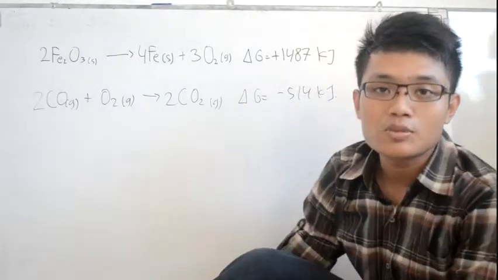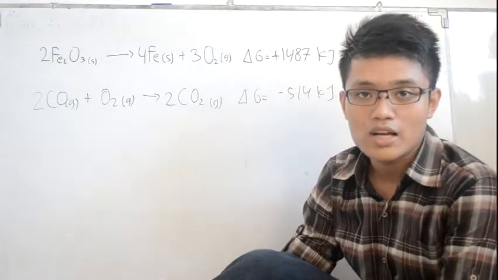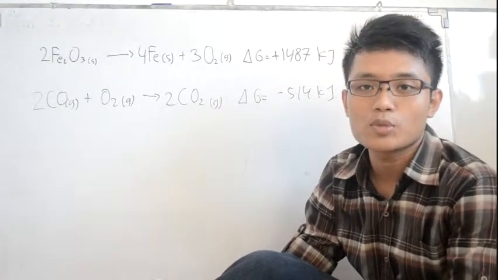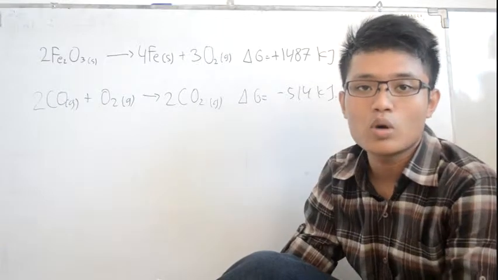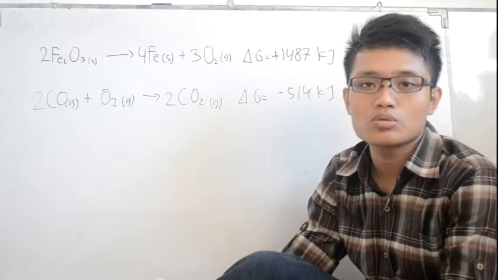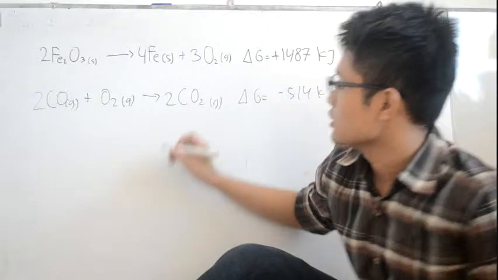The common term in both reactions is O2 gas. Notice we have 3 O2 as product in the rust decomposition and 1 O2 gas in the CO gas combustion, like this.